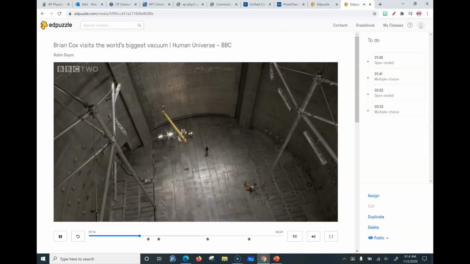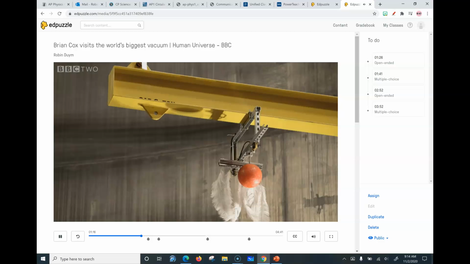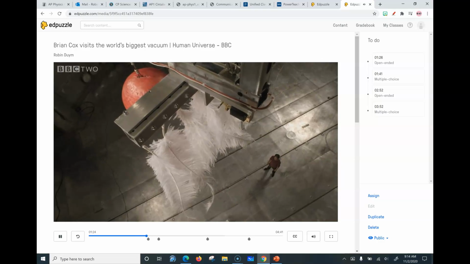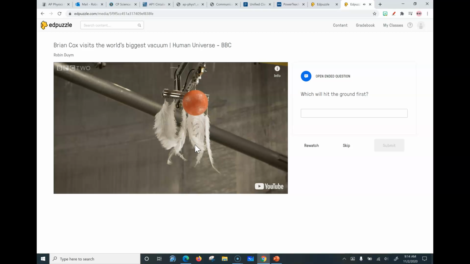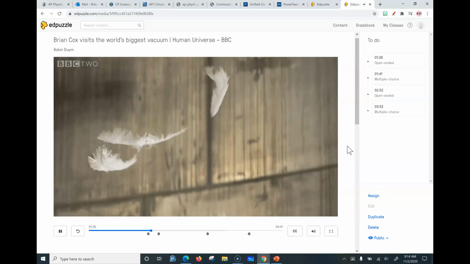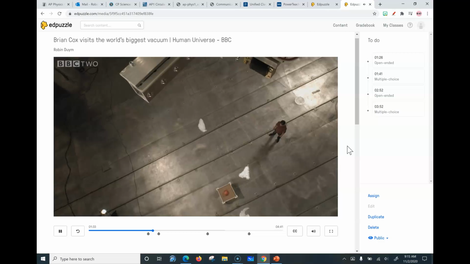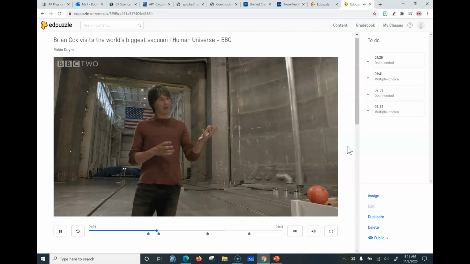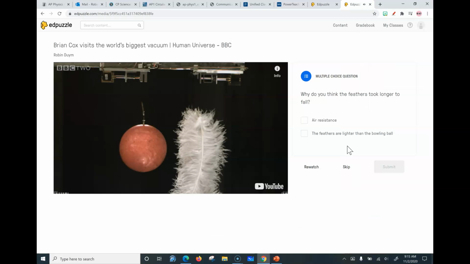Galileo's experiment was simple. He took a heavy object and a light one and dropped them at the same time to see which fell fastest. Okay, so make your prediction. Now in this case, the feathers fell to the ground at a slower rate than the bowling ball.